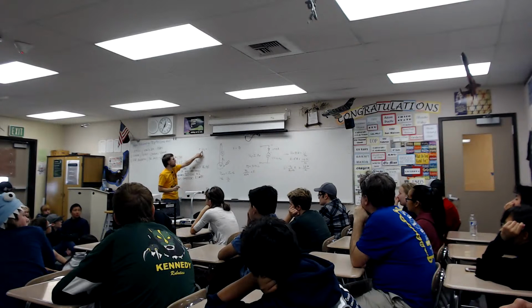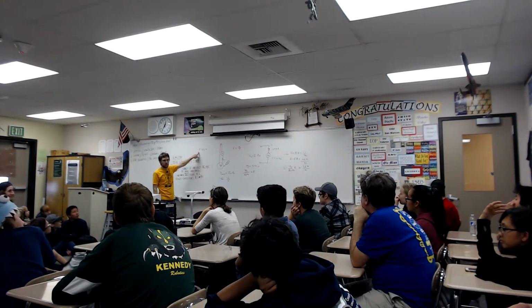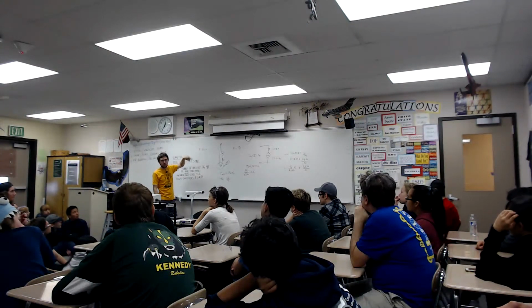So assuming we're in metric, this will be 2 pi radians a second, times radius, or 2 pi radius, which should be your circumference.